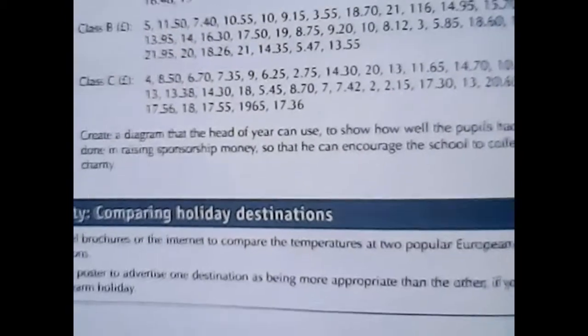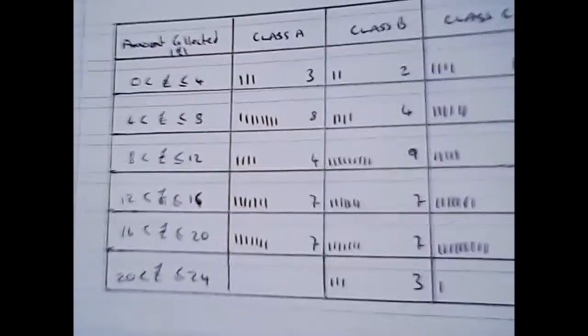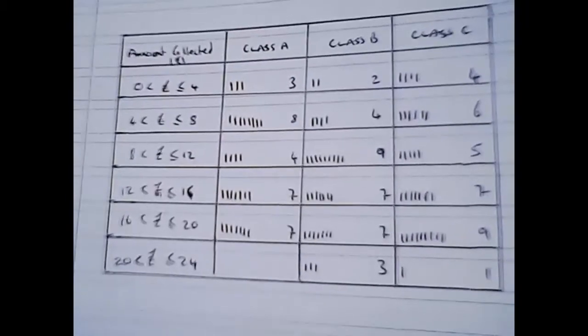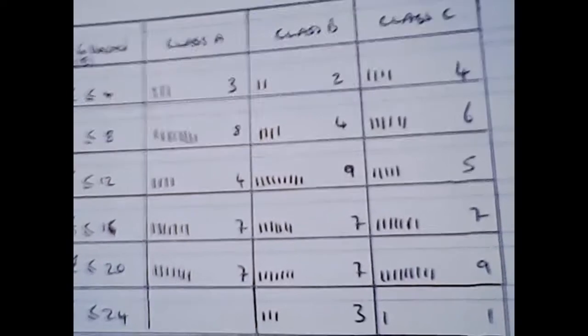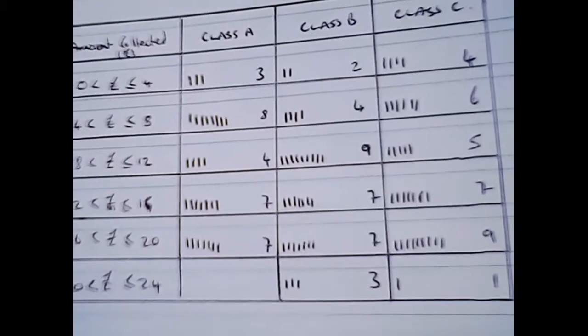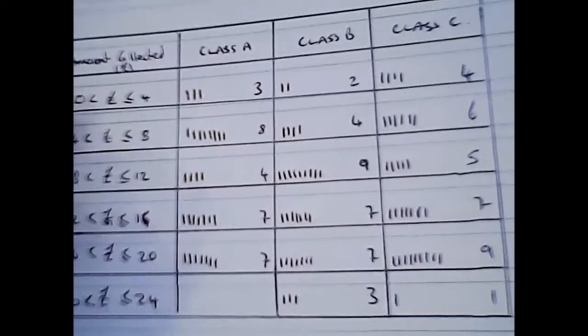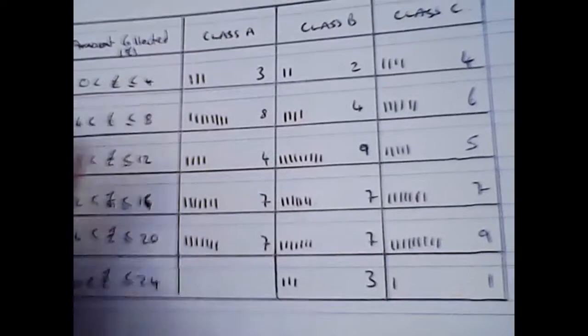Okay, so what I did first was I did a table, and again, if you've even tried this one, I know it's a bit of a funny one. I looked to try and make some groups, and I decided to go into groups of 4s, between 0 and £4.